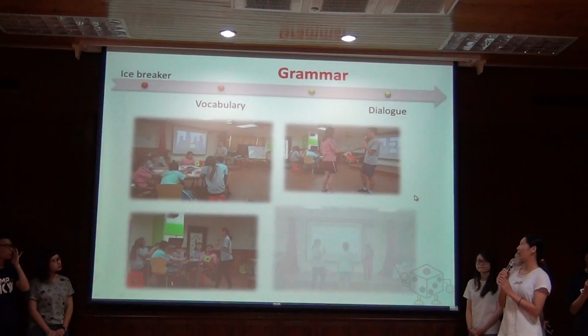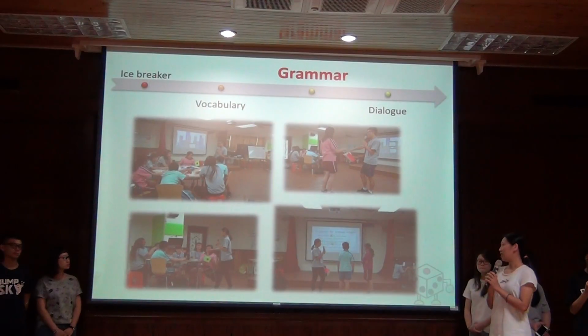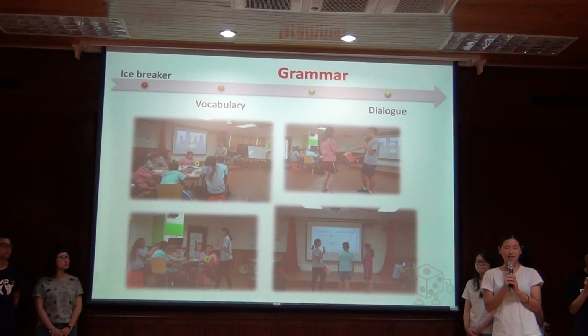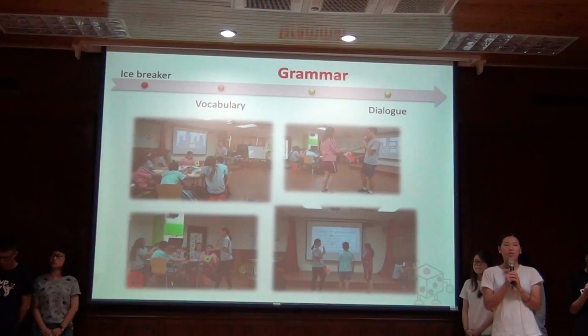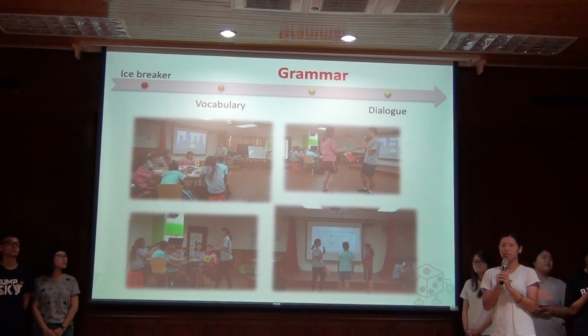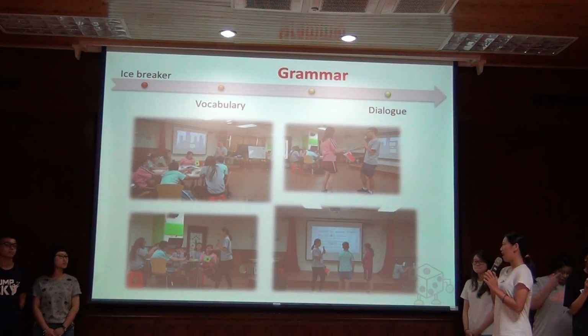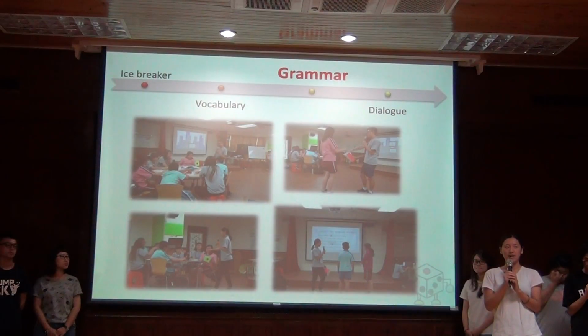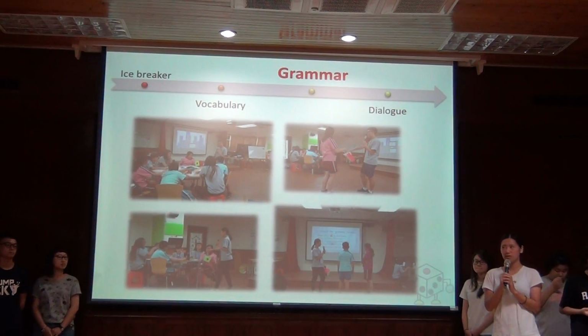Let's take a look at grammar. The activity is snakes and ladders. The teacher asks students to come to the front. After that, they have to answer the questions based on the point of the dice they rolled.